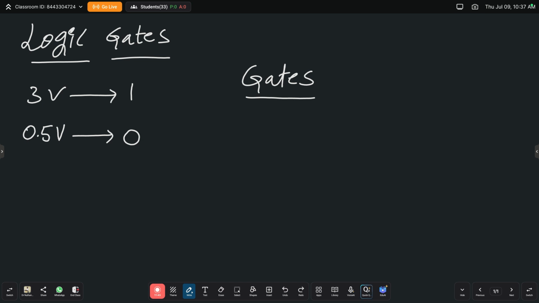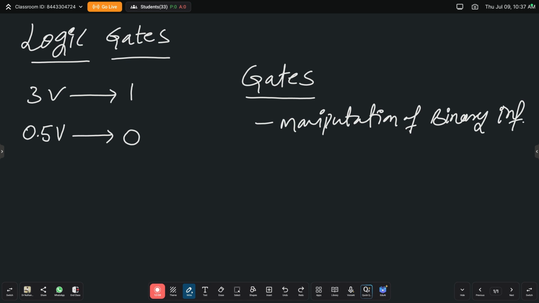The manipulation of binary information is done by logic circuits called gates.